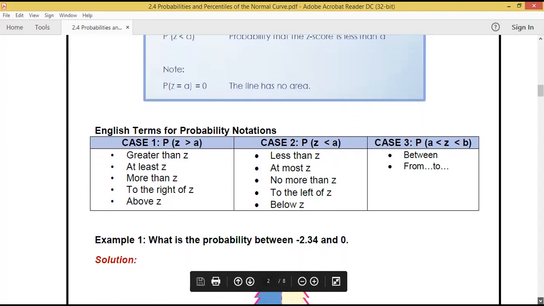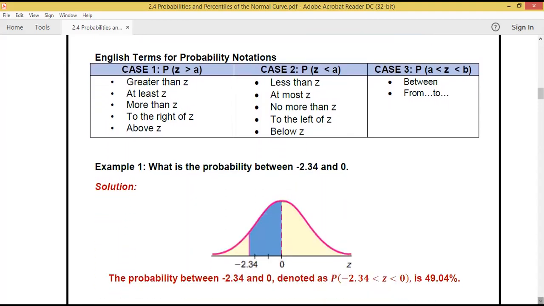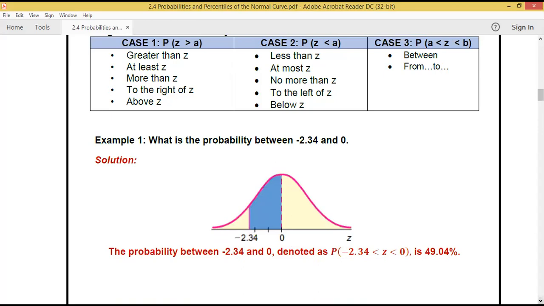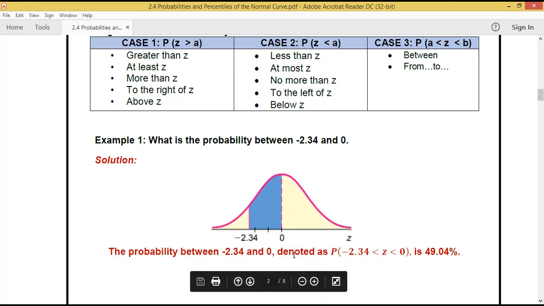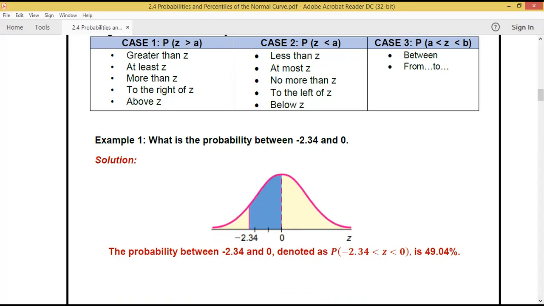Let's have example number 1. What is the probability between negative 2.34 and 0? If you check, our reference is from 0 to negative 2.34. Therefore, since it starts with 0 to a certain z-score, then we need to find the value in our z-table.